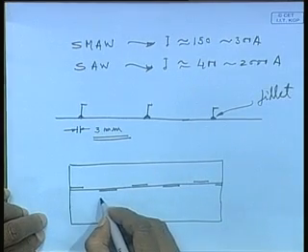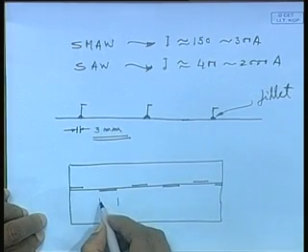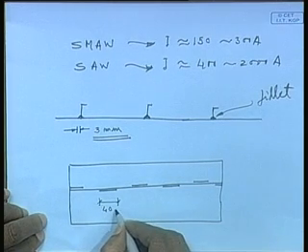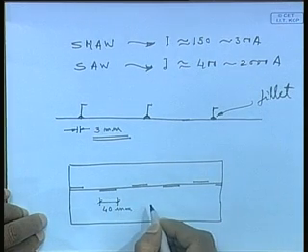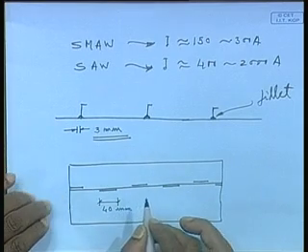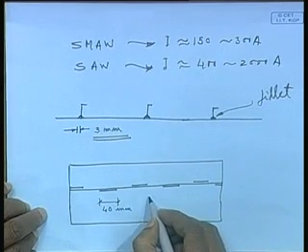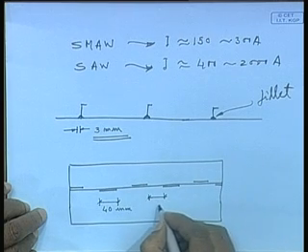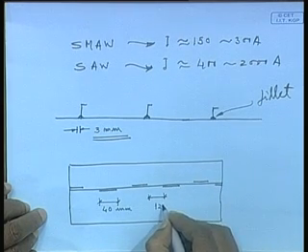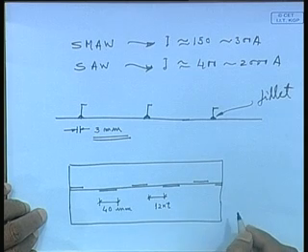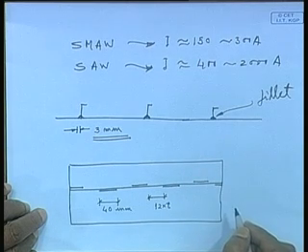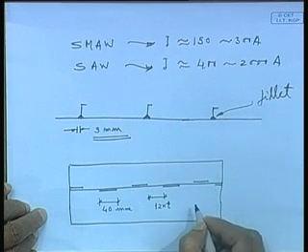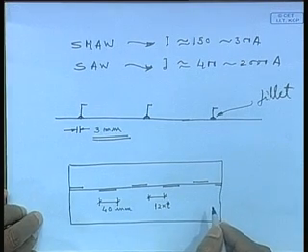Generally, wherever such staggered welding is done, the practice is that the weld length is kept at minimum 40 millimeter. Then you provide a gap, around 12 times the thickness of the plate. That is how it is generally done.